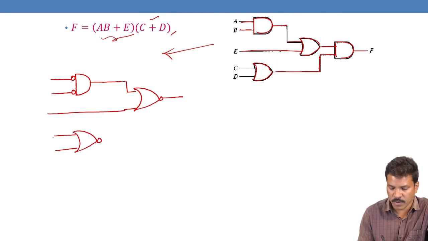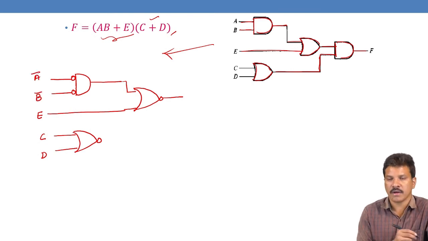So whenever there is no bubble, we can take the terms as they are. And where a bubble comes, we take A bar and B bar.